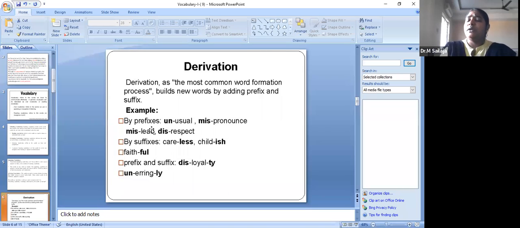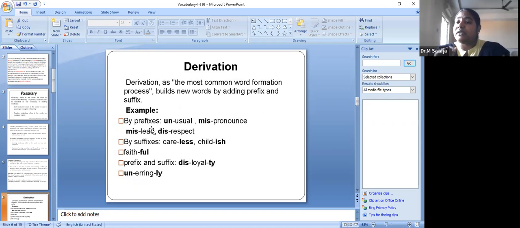Care means being very conscious, being conscious is also considered care. Care is positive; careless is negative.